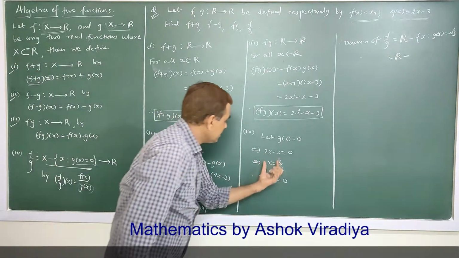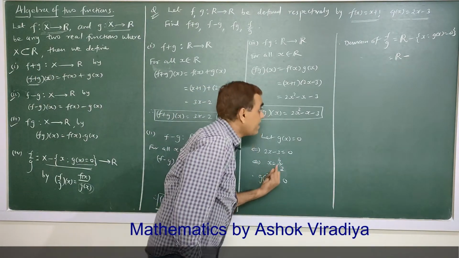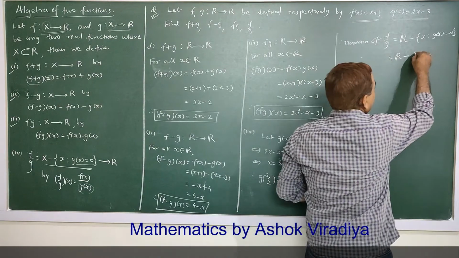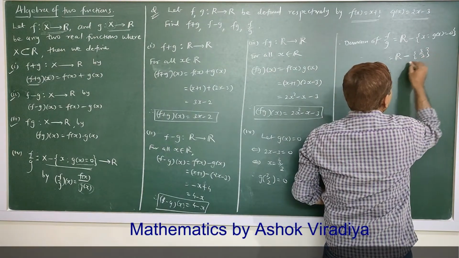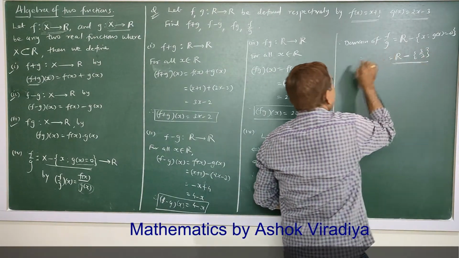And g(x) is 0 for x equal to 3 by 2. So from this we are excluding 3 by 2. So this is the domain of f upon g.